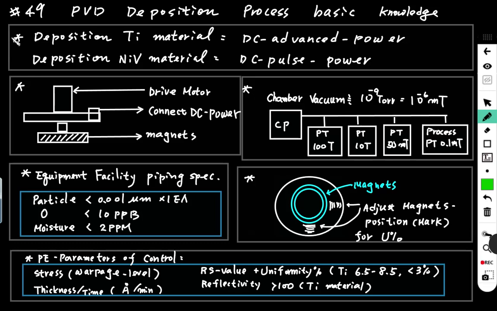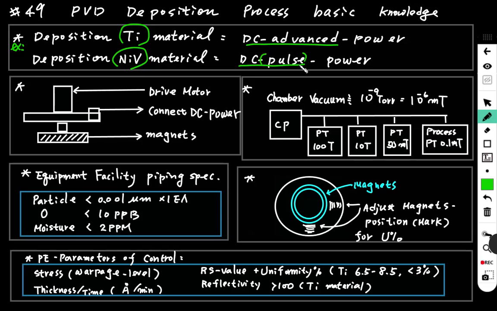For example, to deposit Ti material we can use DC advanced power. To deposit NiV material we use DC pulse power.